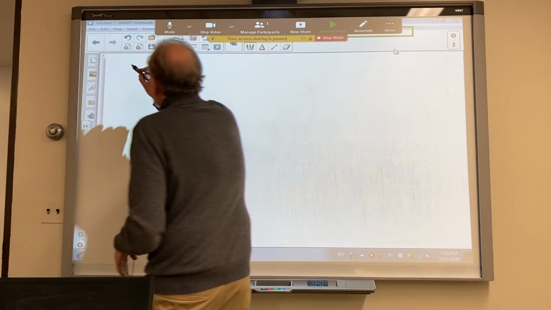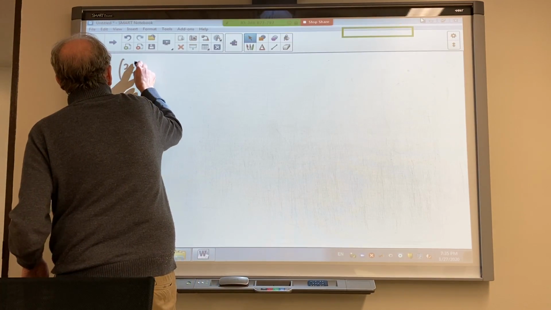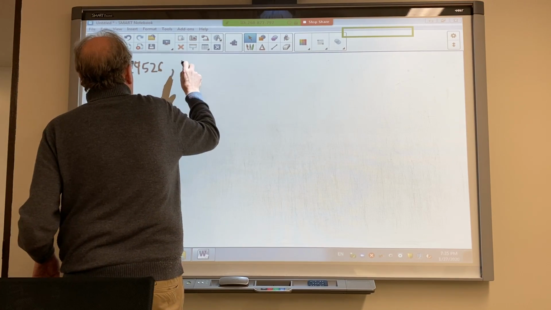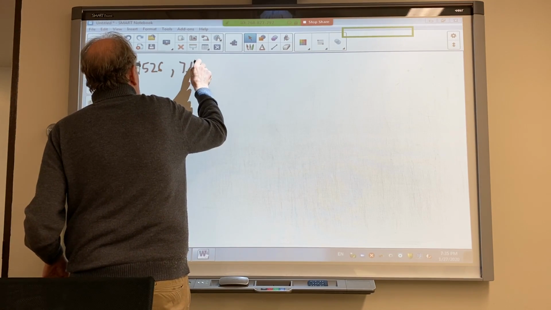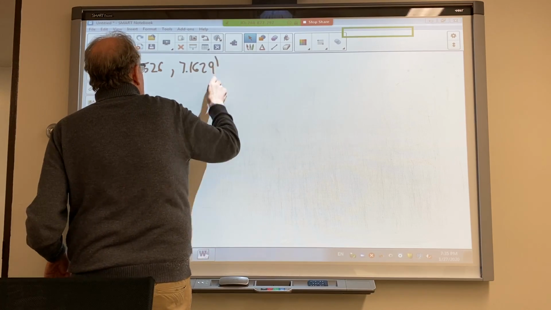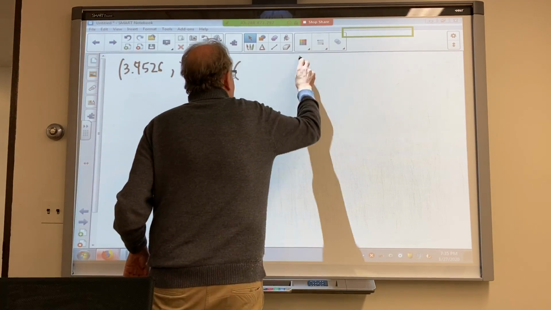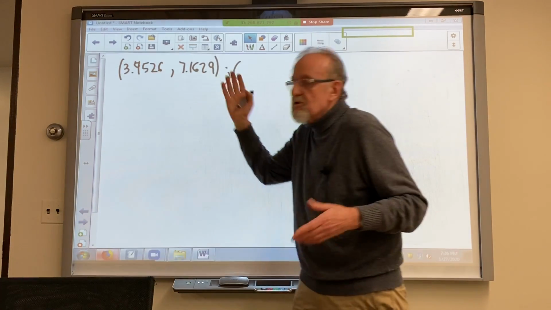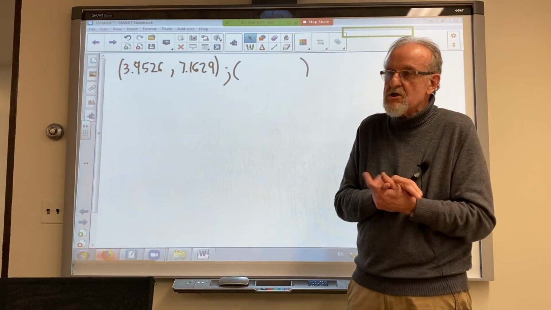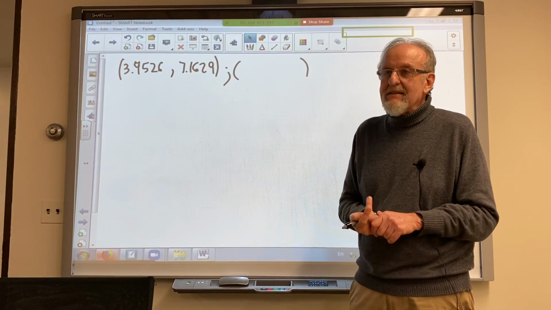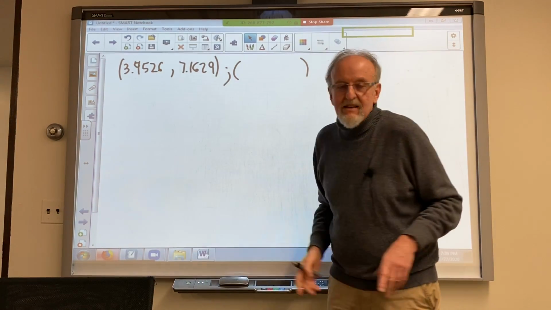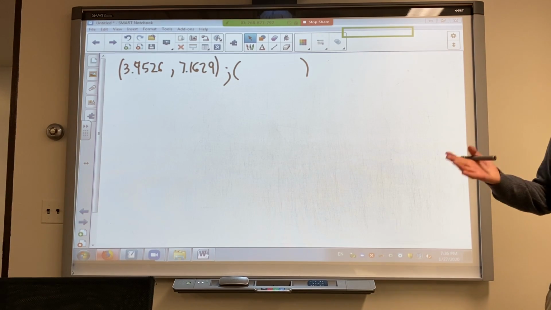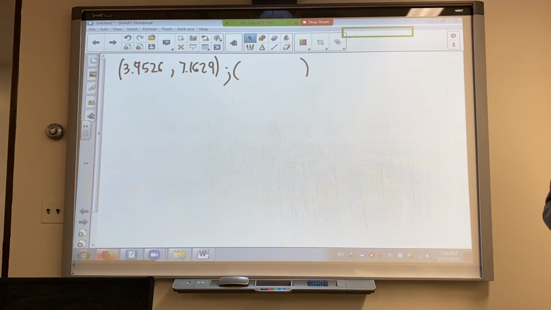So I will write the first particle is at 3.4526, comma, 7.1629. The second particle I will write here is whatever. So each particle, let's assume I have 5 or 6 digits of precision, the best I could. Obviously, I'm writing on the board, my letters are very big, but imagine that you print it as small as you can so that you can read.